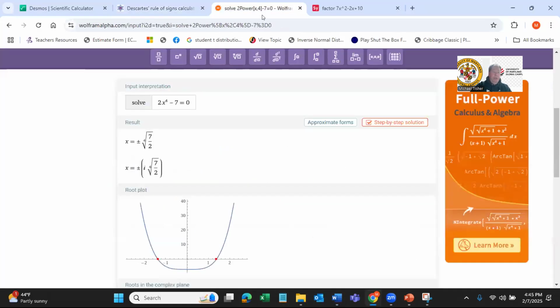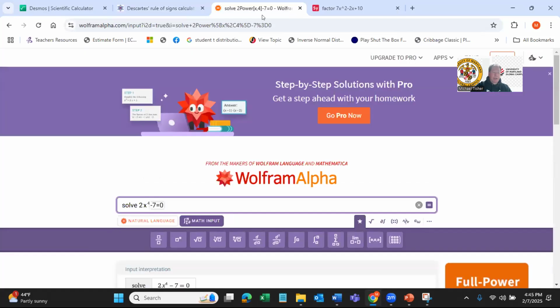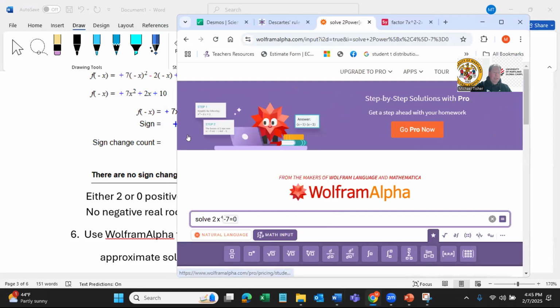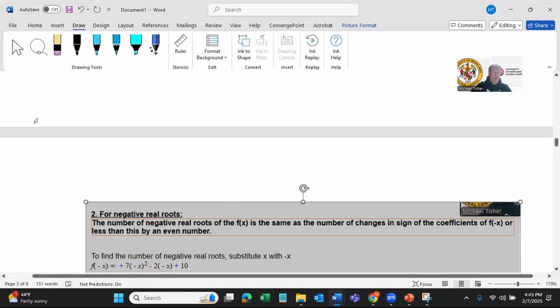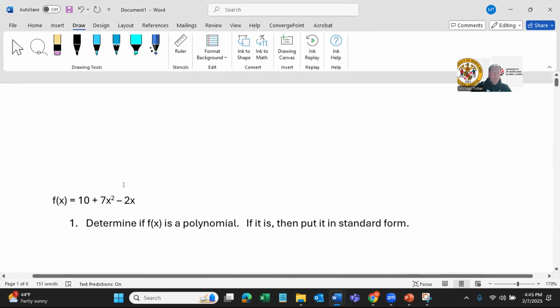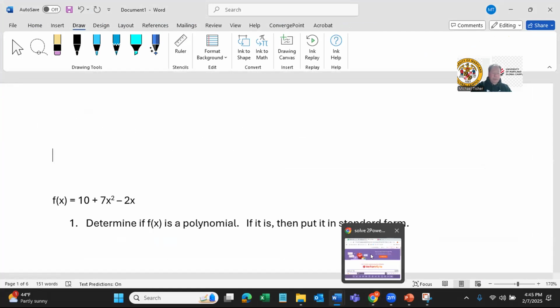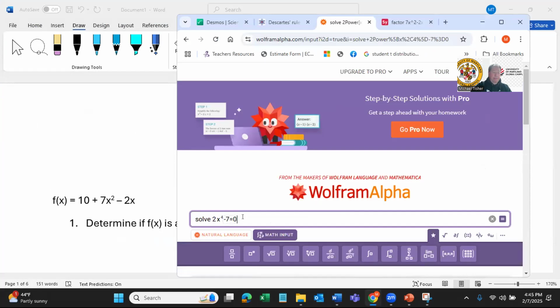Here's Wolfram Alpha. Let's ask it to solve the equation. We'll go back to the original f of x. We're given 10 plus 7x squared minus 2x, and we're going to set that equal to 0 and solve it.